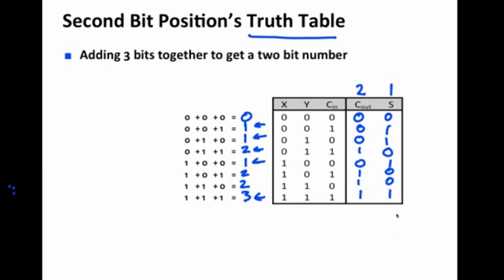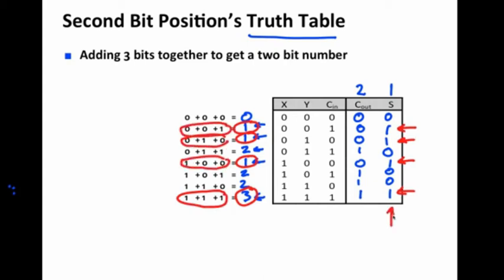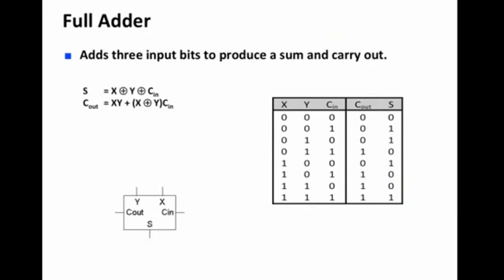So the sum turns out to be, again, a relatively straightforward function. We see the sum bit is set when our sum is an odd number. So again, we're going to think XORs because XORs are odd detectors, and in fact, by XORing all of the input bits, we're able to get the circuit for the sum. So here's our expression for the sum, which is just the XOR of X with Y and with Cin.